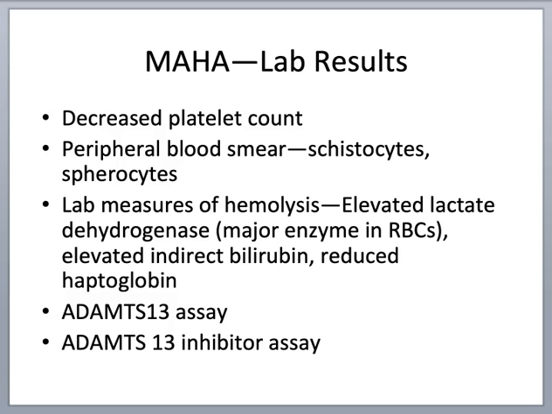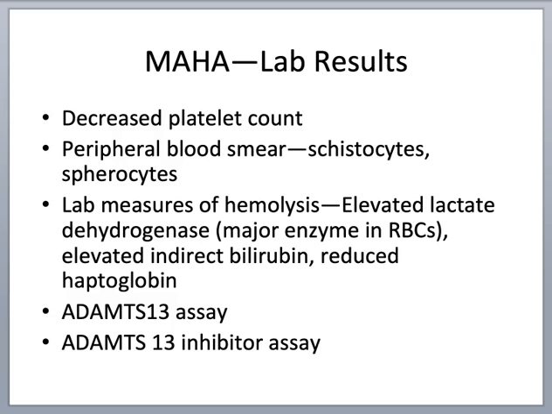Some of the laboratory features of microangiopathic hemolytic anemia include a decreased platelet count, the appearance of schistocytes or spherocytes in the peripheral blood smear. There's laboratory measures of hemolysis. The major enzyme in red blood cells is LDH, lactate dehydrogenase, and this is increased due to the release of this enzyme into the blood.